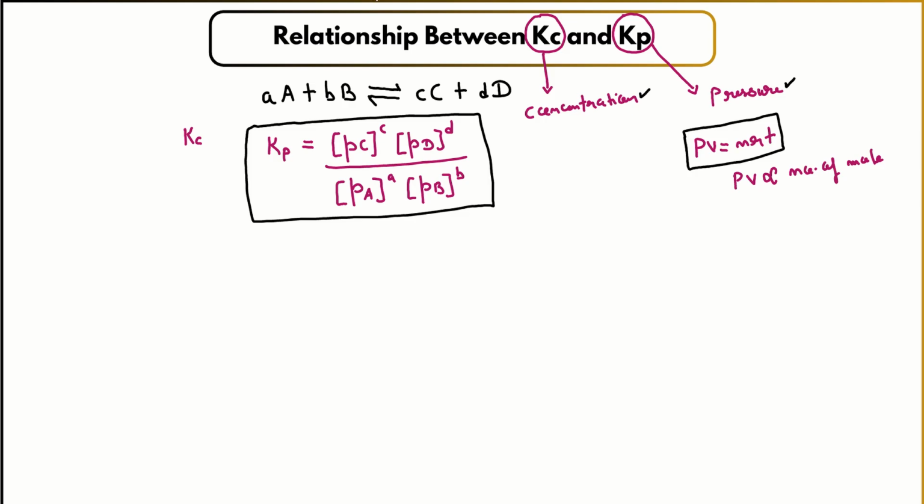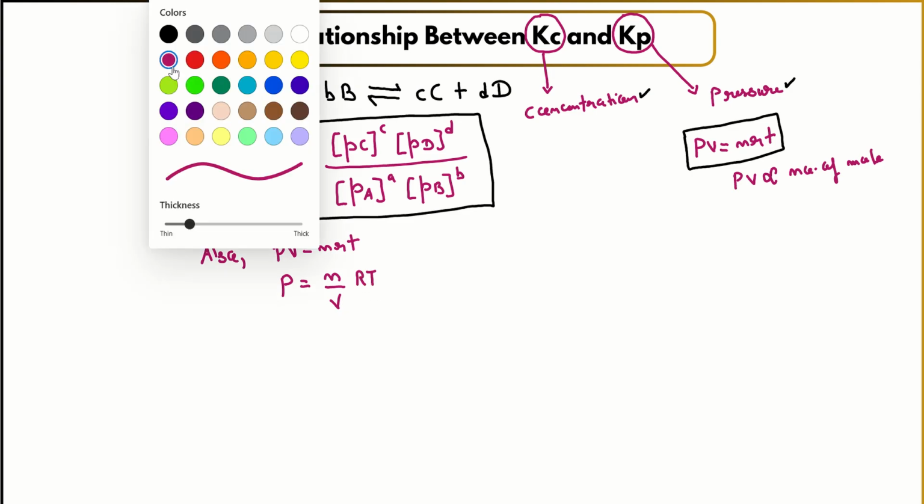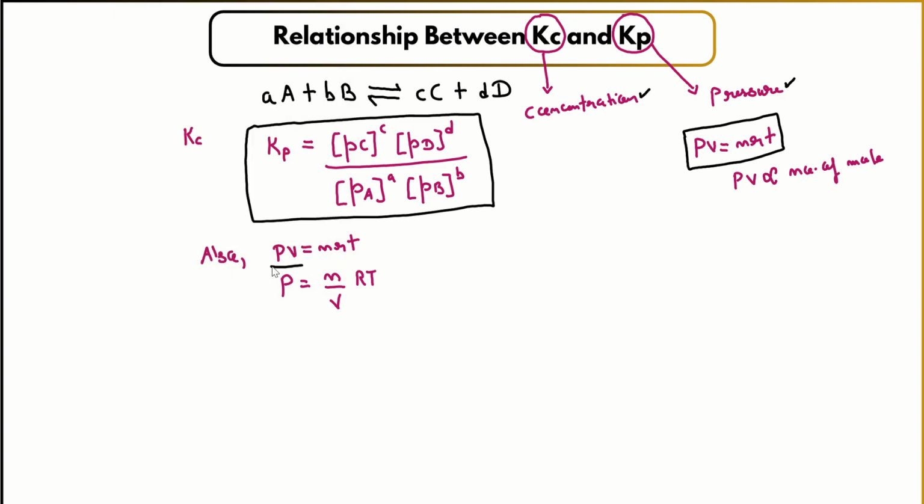Now please listen carefully. Also we know that PV is equal to nRT, pressure into volume is equal to number of moles times RT. So we can write this as P is equal to n upon V into RT, which we are taking as the ideal gas and pressure situation.